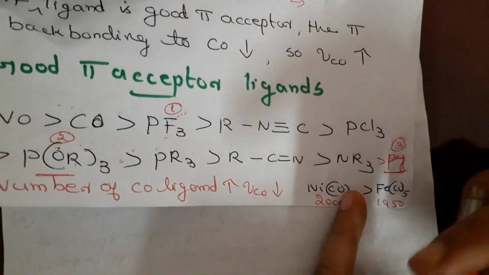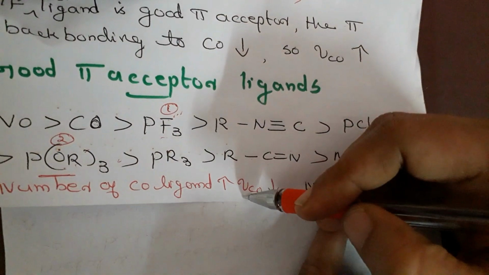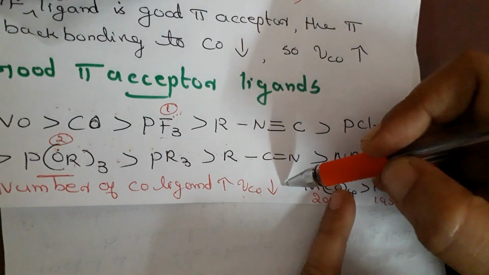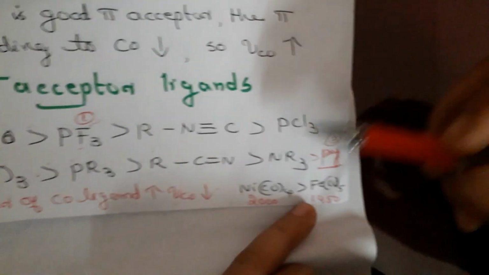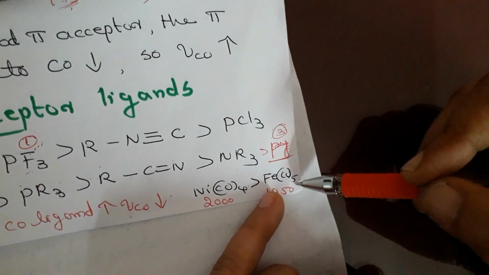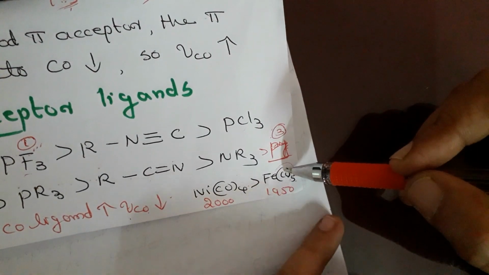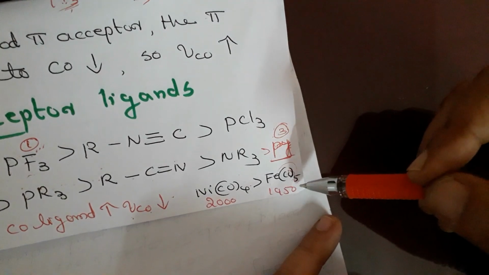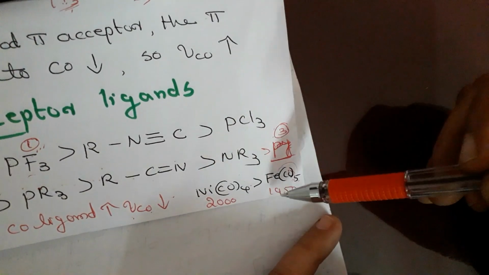Then one more option that sometimes comes: as the number of carbonyl ligands increases, the stretching frequency decreases. So Ni(CO)4 has 4 and Fe(CO)5 has 5 carbonyl groups. So as the carbonyl number increases, the stretching frequency decreases.